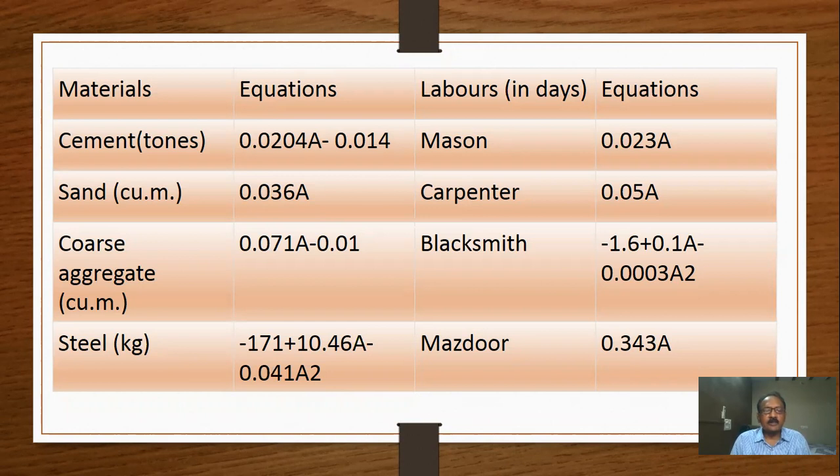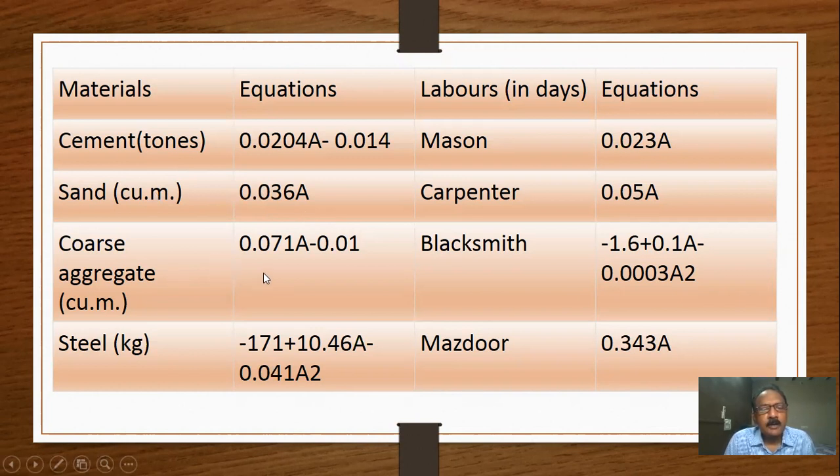For cement, the formula is 0.0204A minus 0.014. This is an empirical formula given by CBRI Roorkee, and it gives cement in tons. Similarly, sand in cubic meters is 0.03A, where A is the plinth area. Coarse aggregate in cubic meters is 0.071A.